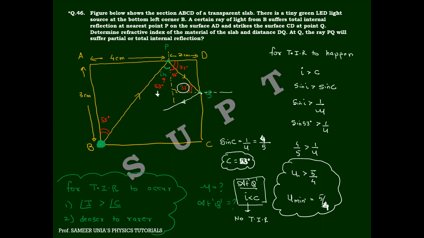And there will be partial refraction also. So what will happen? Partial reflection and refraction will happen. There will be no TIR. Did you understand?